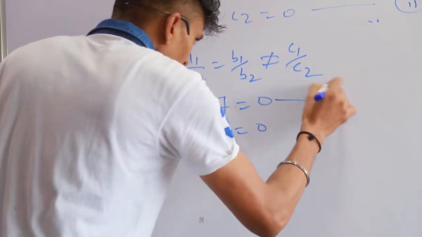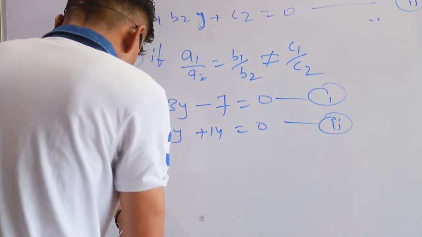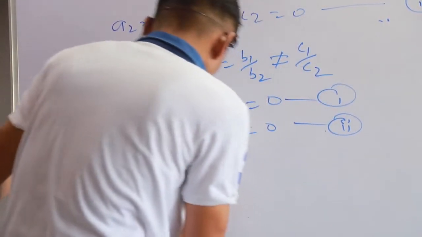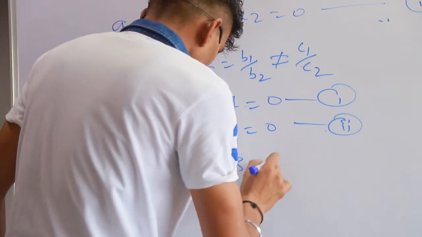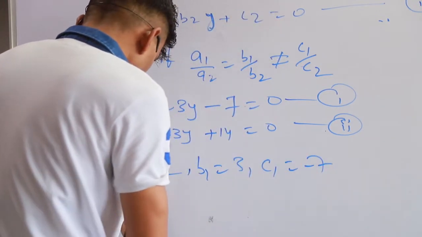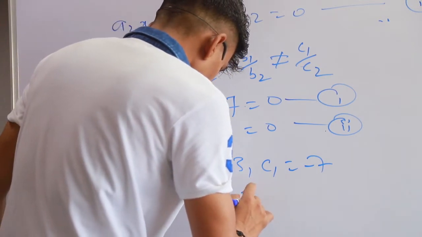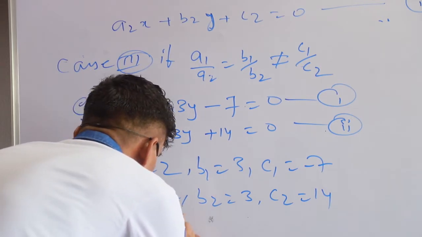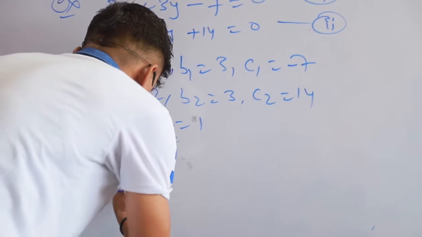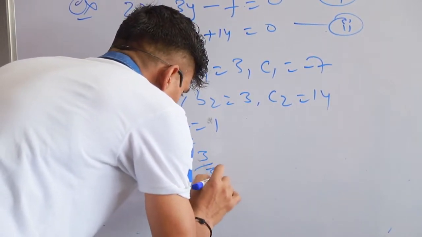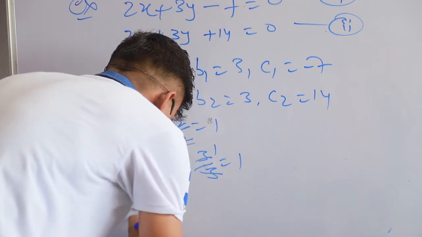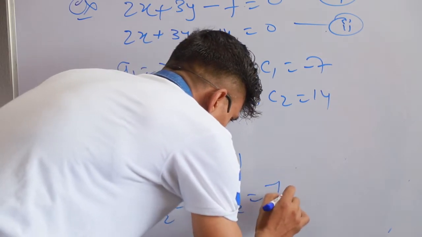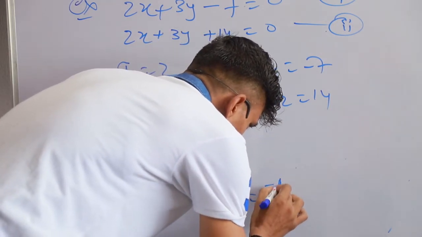Here, this is equation number first, that is equation number second. a1 is equal to 2, b1 is equal to 3, c1 equal to minus 7, and a2 equal to 2, b2 equal to 3, and c2 equal to 14. a1 by a2 is equal to 2 by 2, that is equal to 1, b1 by b2 is equal to 3 by 3, that will equal to 1, and c1 by c2 is equal to minus 7 by 14, that is equal to minus 1 by 2.